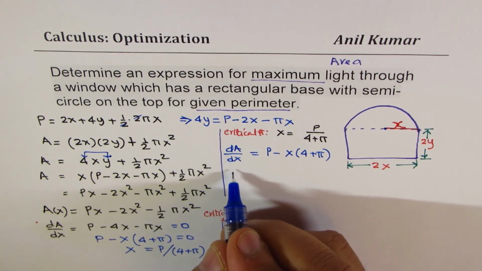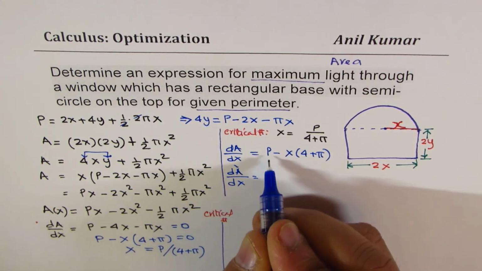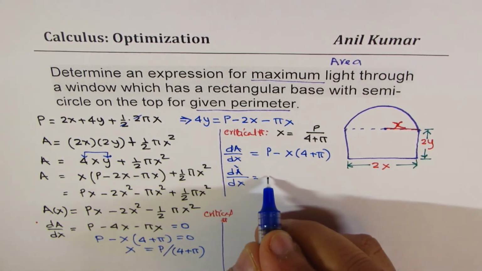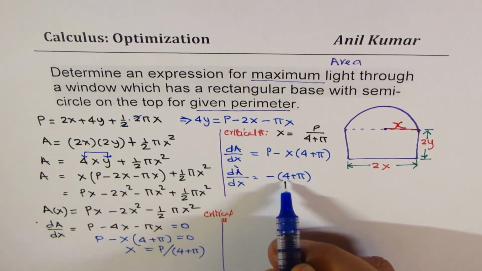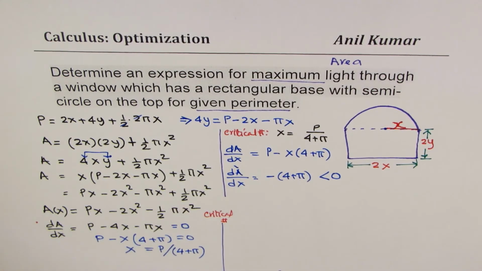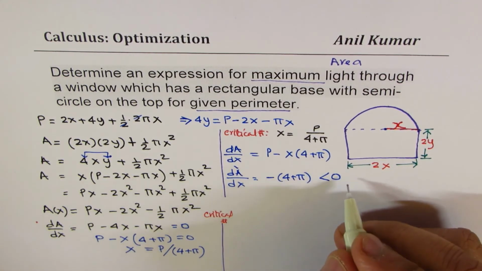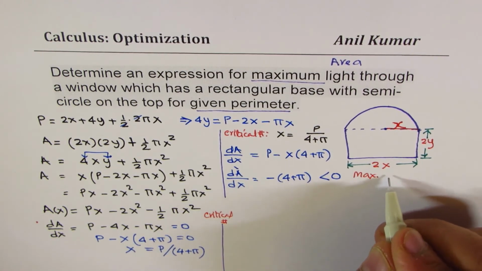So let's find the second derivative. Second derivative of this will be, p is a constant, and so we get minus of 4 plus pi. So for any value, it is negative, right? So we say it is less than 0. So a second derivative less than 0 means that we have a maximum at the critical number, right?